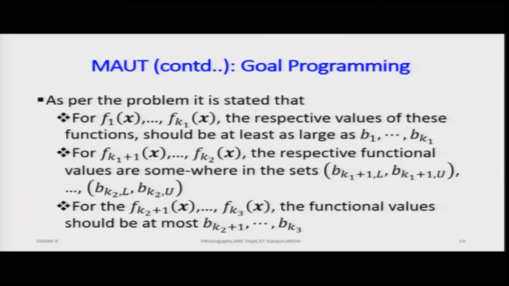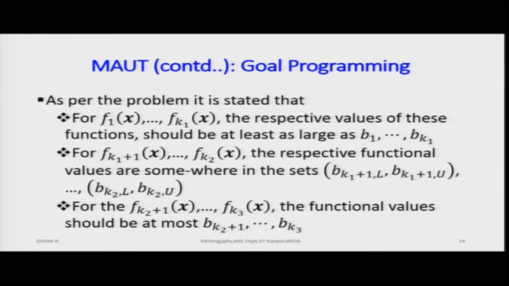If k1 and k2 are the only sets, then you will have the maximization set as K1 and the minimization set as K2. Obviously there would not be any intersection between K1 and K2, they would be a null set. Now, as per the problem, you want to attain f1 to fk1 such that the respective values of these functions are at least as large as b1 to bk1.